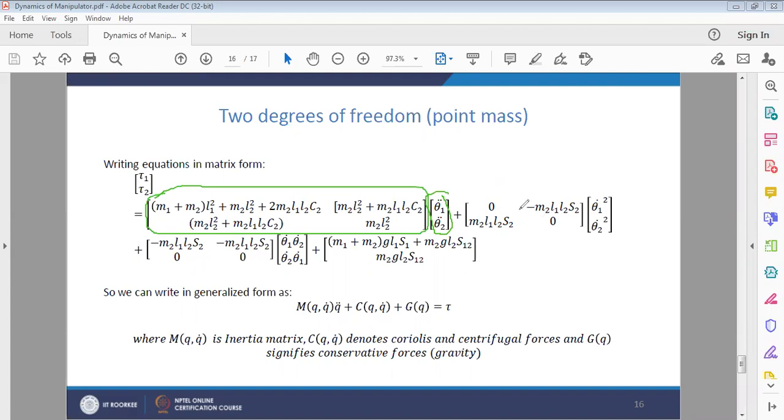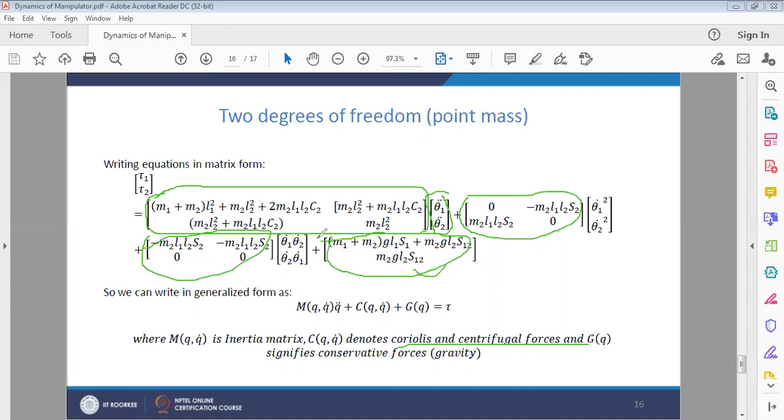This matrix and this matrix together are called Coriolis and centrifugal forces, C(Q, Q dot) times Q dot. And finally, this matrix is known as the gravitational force matrix.